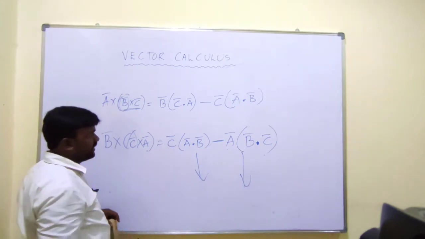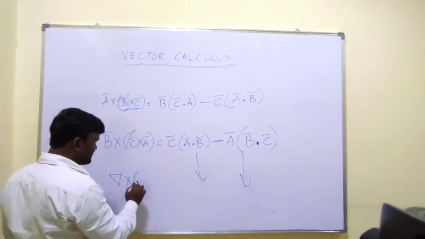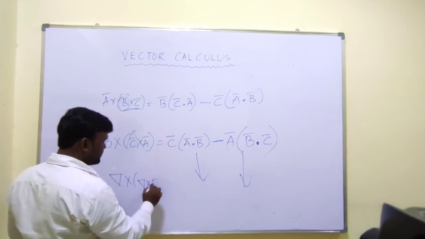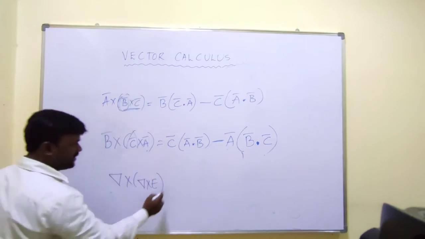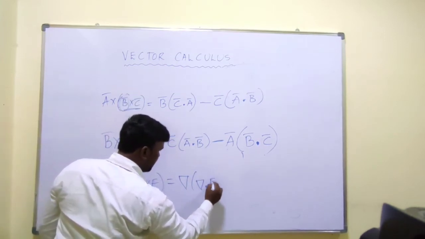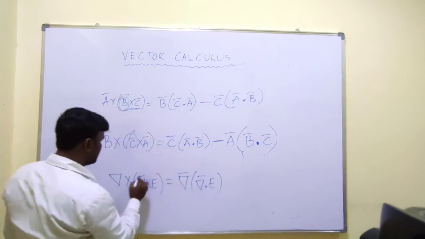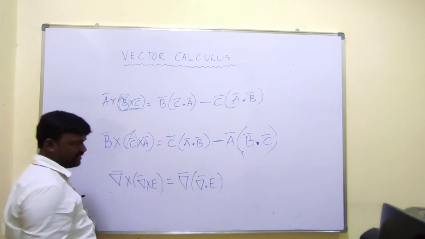It is very helpful in the case of del cross del cross E. Basically it is used to derive the wave equation. Apply that formula and you will get del of del dot E. Del is a vector, actually we need to write del bar.